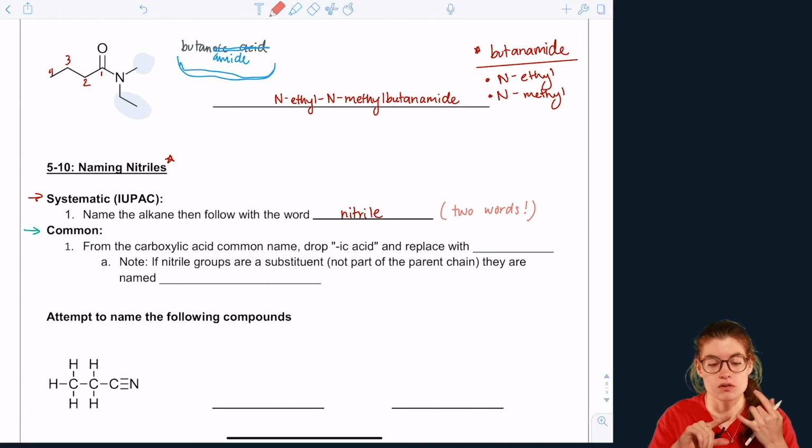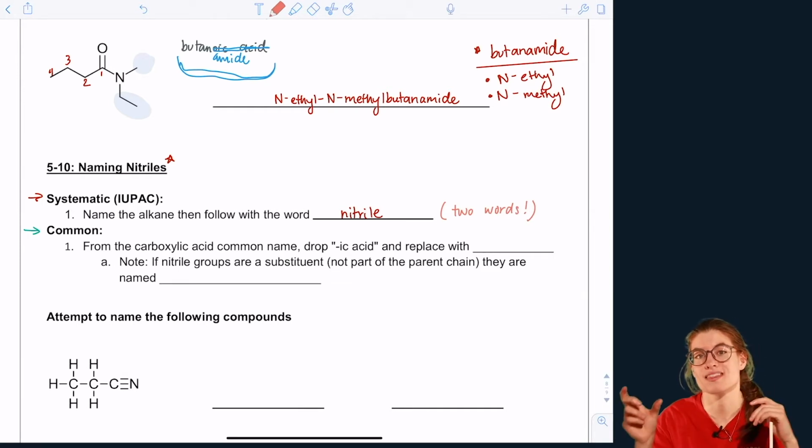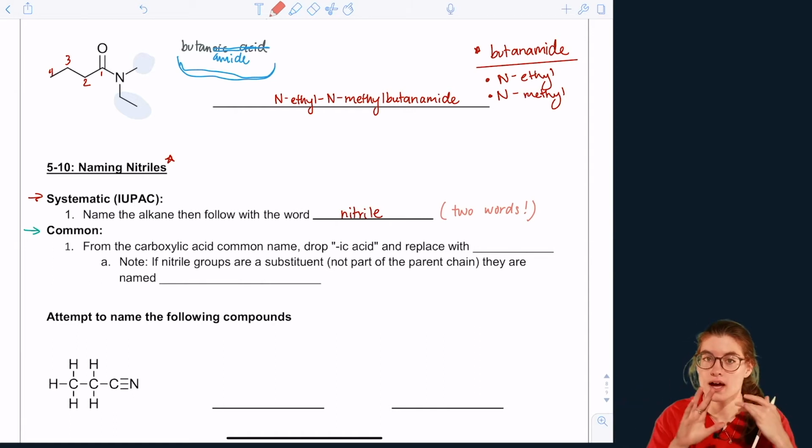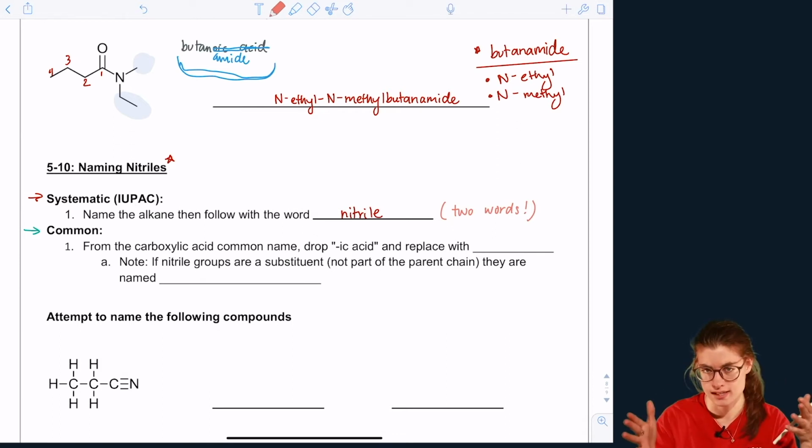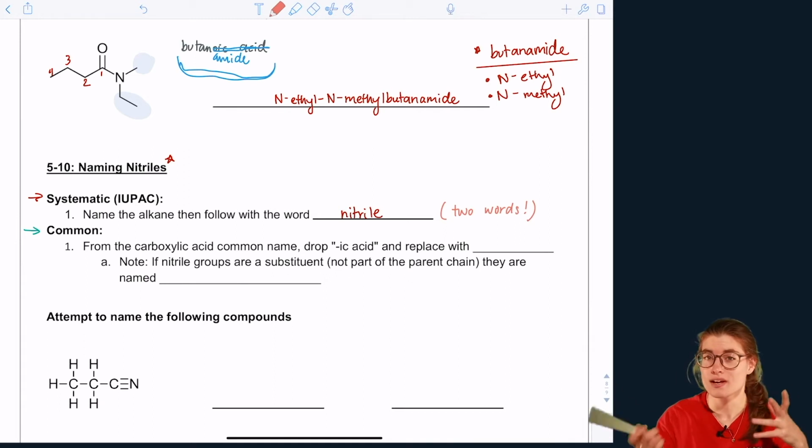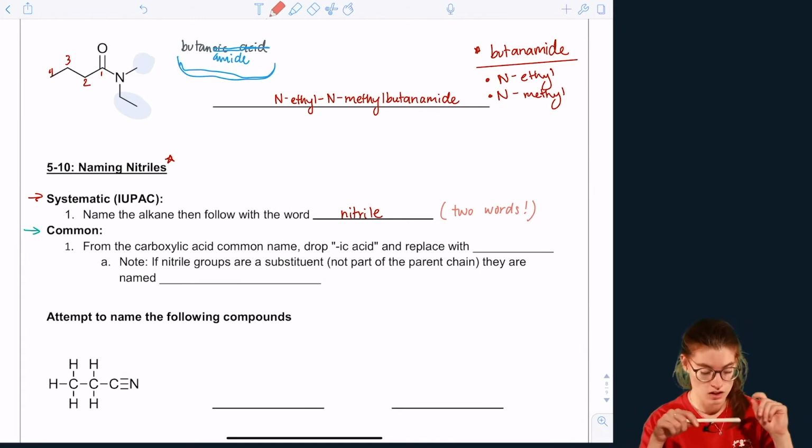For 1 carbon, you would use form as your prefix, and then you would follow with ic acid. So if you had a carboxylic acid with 1 carbon, it would be formic acid. With 2 carbons, it would be acetic acid, right? 3 carbons, it would be propionic acid, okay?